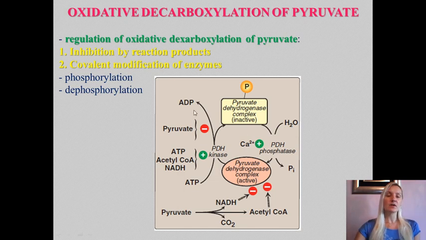On the other side, if there is an increased influx of pyruvate into the system, of course, introducing one of the reactants is going to shift the equilibrium towards the formation of products, which means that pyruvate is going to inhibit PDH kinase, so pyruvate dehydrogenase will remain active, thus speeding up removal of pyruvate and its conversion to acetyl coenzyme A. Also, calcium ions can promote the activity of PDH phosphatase, which is going to activate this PDH complex and the degradation of pyruvate.